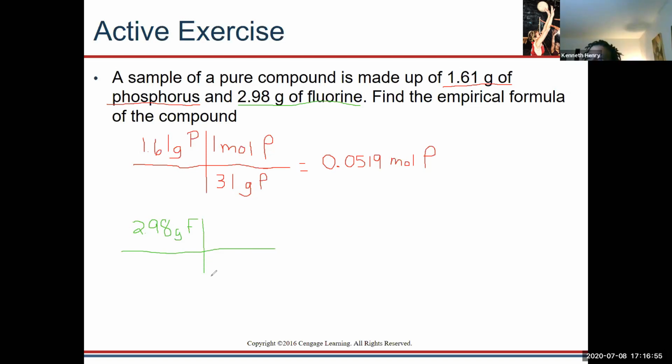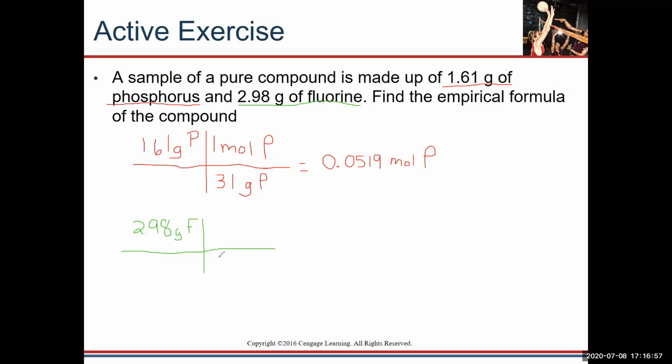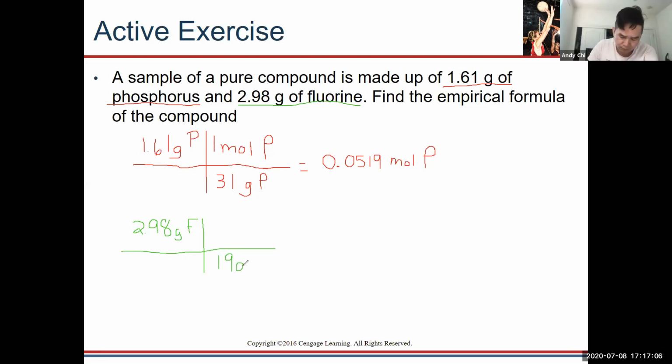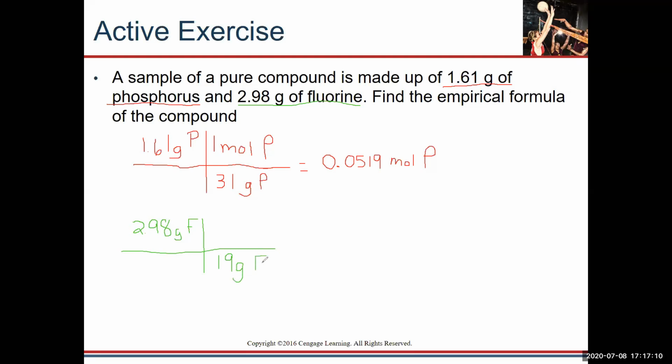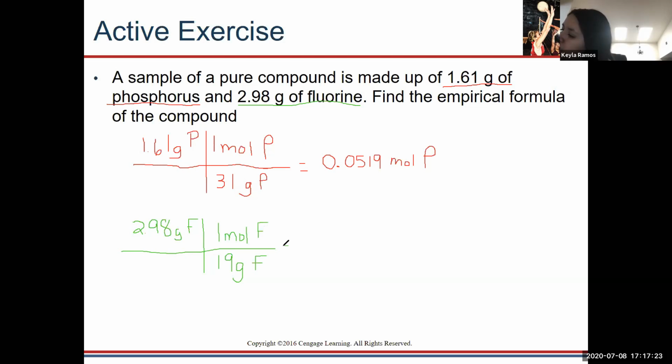Am I putting that at the bottom or at the top? The bottom, because you want to cross that out. And then we add 1 mole at the top. That would be 0.156.